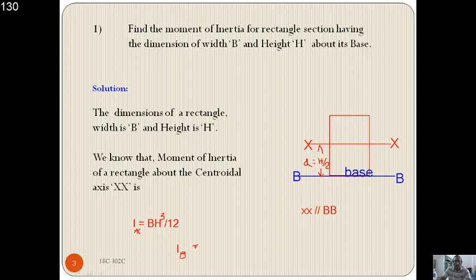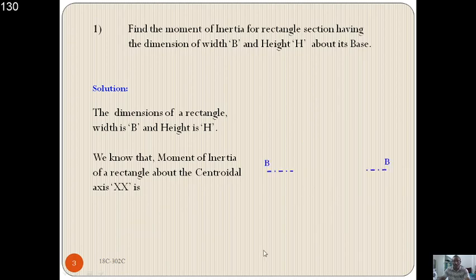For that, IBB is equal to simply Ixx plus A d square. So this Ixx is equal to bh cube by 12 and area is equal to bh, and small d is already equal to h by 2. Then substitute all these values and you will get the moment of inertia about the base, IBB.